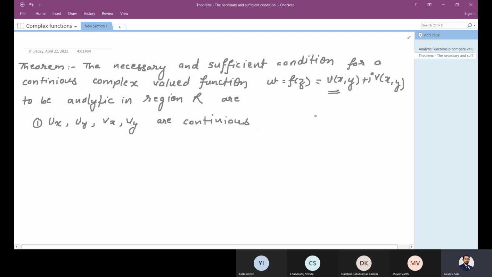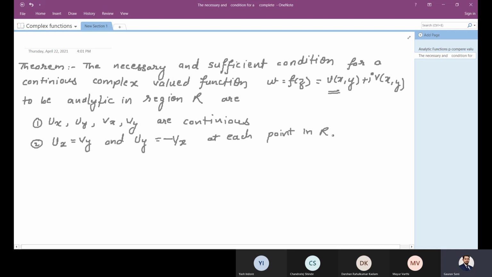So these are continuous, and with that ux is equal to vy and uy is equal to minus vx at each point in the region R.